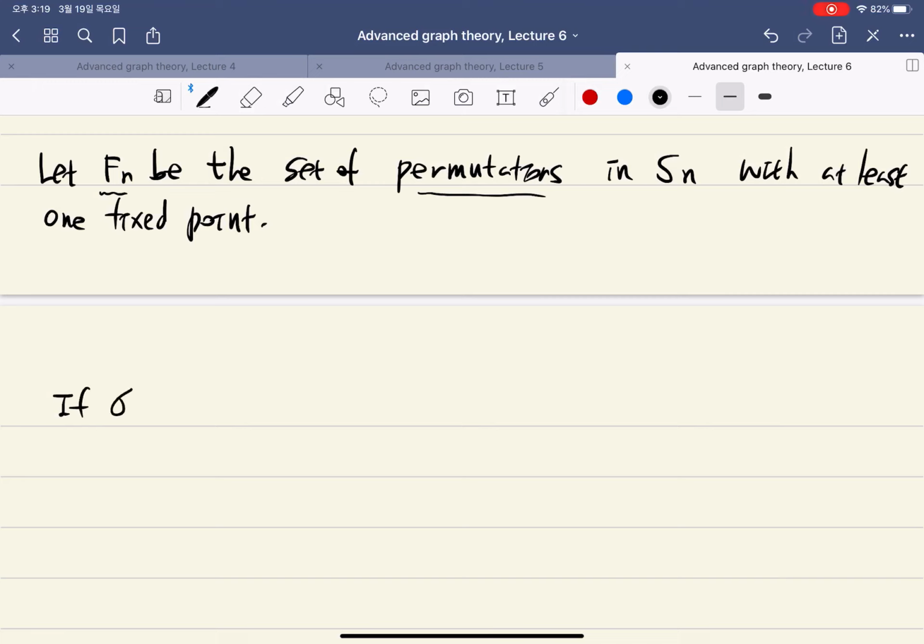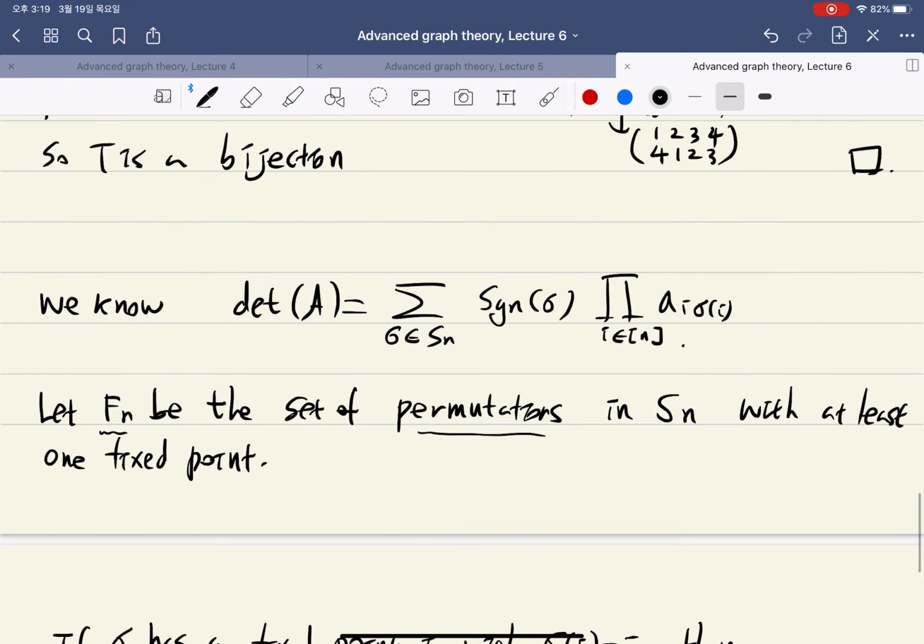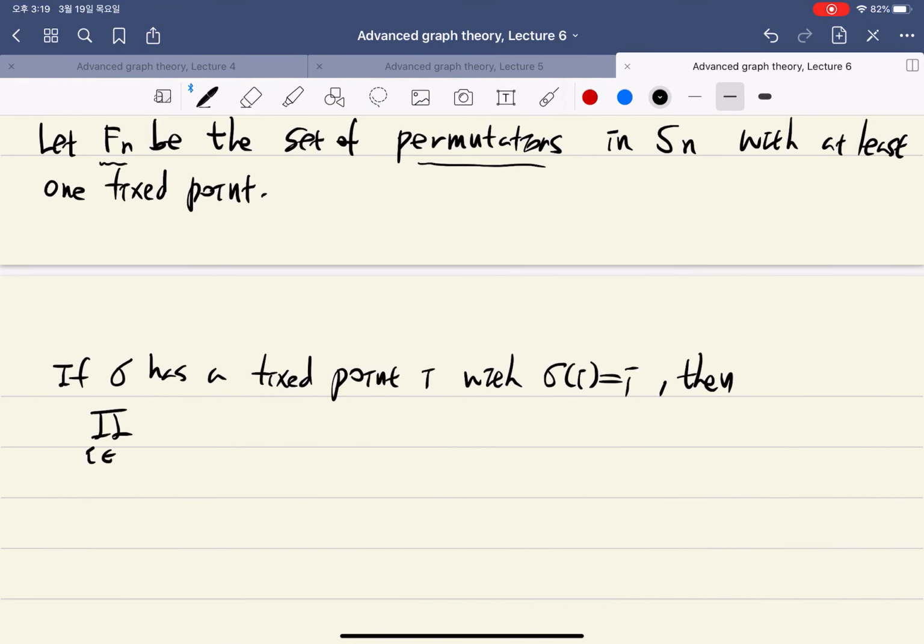If sigma has a fixed point i with sigma(i) equals i, then this term a_{i,sigma(i)} is actually 0, because a_ii is 0 in a skew symmetric matrix A. Because this is skew symmetric, the diagonal entries are all 0, so this is just 0.